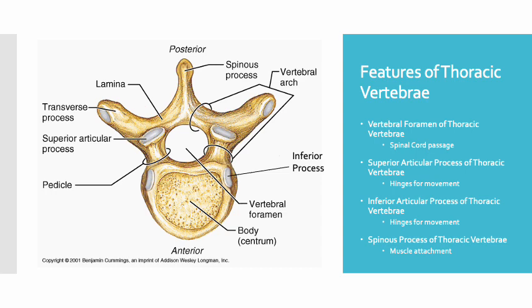So there's only 1 foramen in the thoracic vertebrae. There are facets, which again allow for articulation with the prior and the next vertebrae. The inferior and superior, if you can remember, inferior is bottom, superior is top, you can easily identify which facet is which. And then it does have transverse processes, which are these little side knobs, little projections coming out either side.